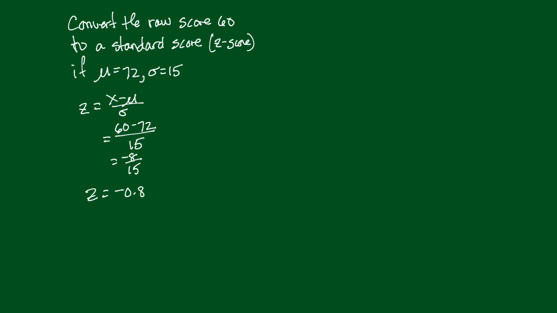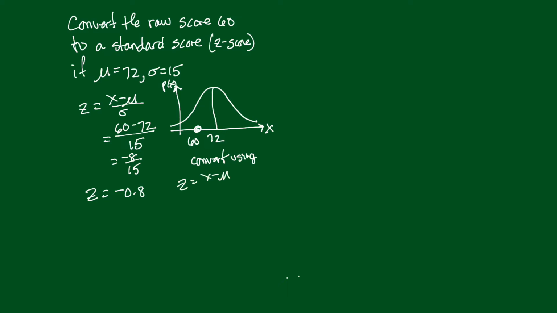If I draw a picture of this, actually I'm going to draw two pictures. Here it is in x. The mean here is at 72, and our raw score is over here at 60. Now let's convert using z equals x minus mu over sigma.